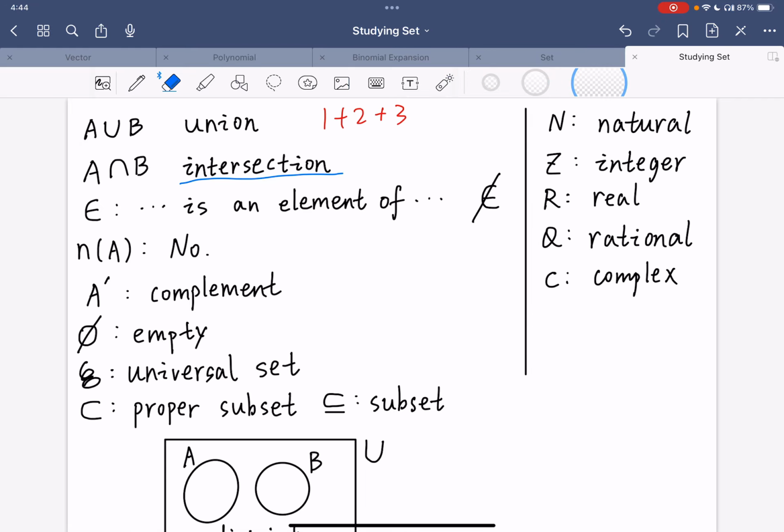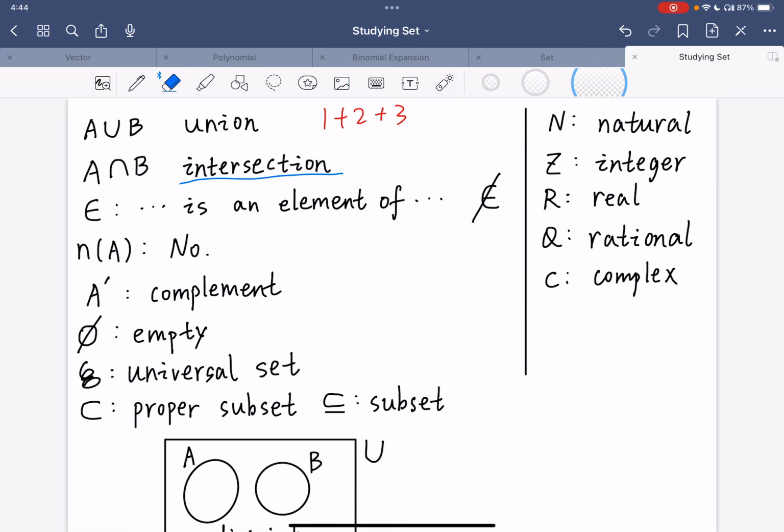For example, here is a rectangle, and we have many sets inside this rectangle. Different circles can be used to represent different topics or types of number.